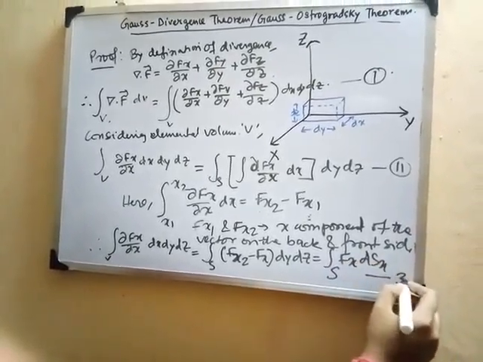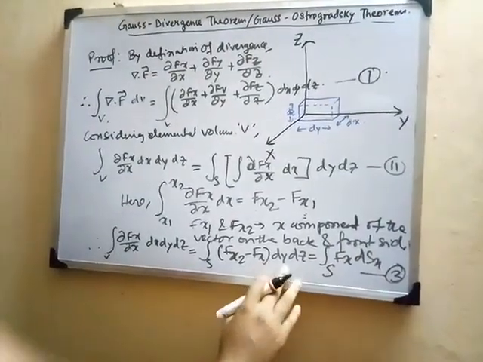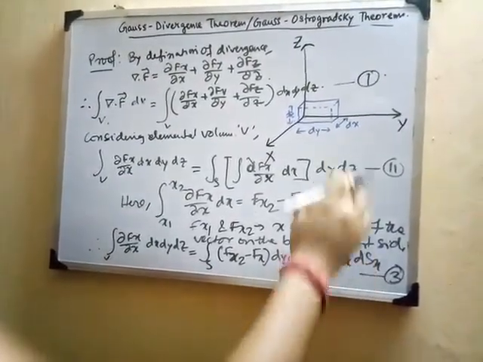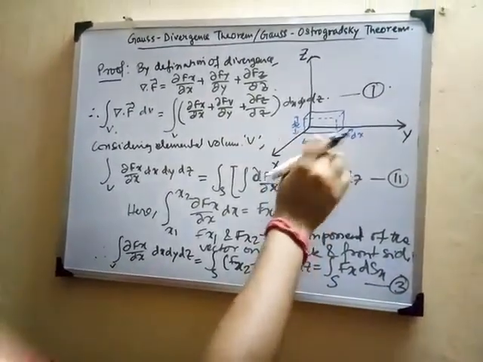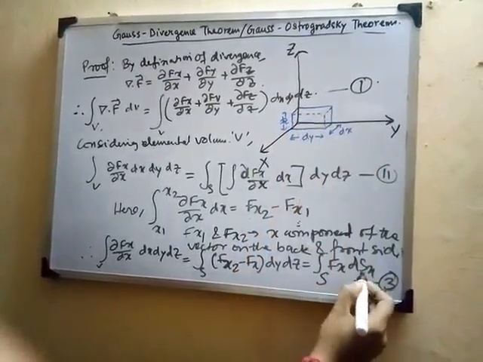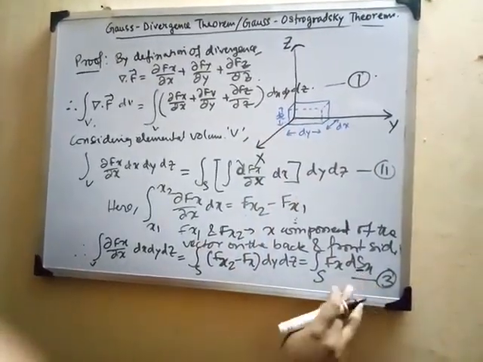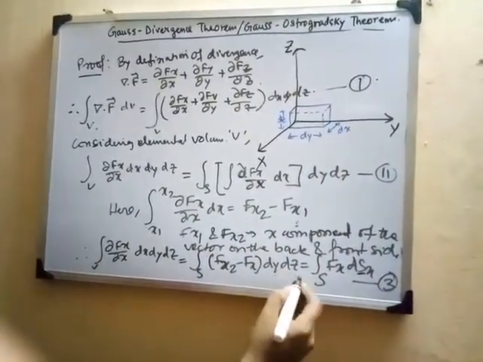This is your equation 3. We have put dy dz as the surface, since y and z make up this particular surface. So we have represented it as dsx, where the surface is presented by the axes y and z.